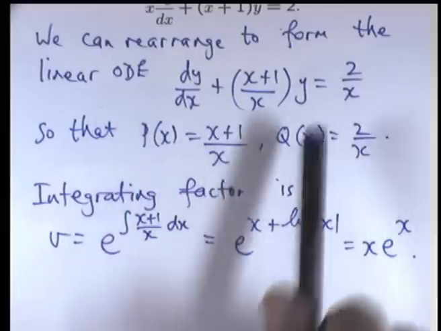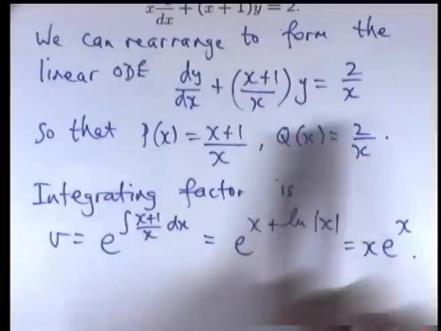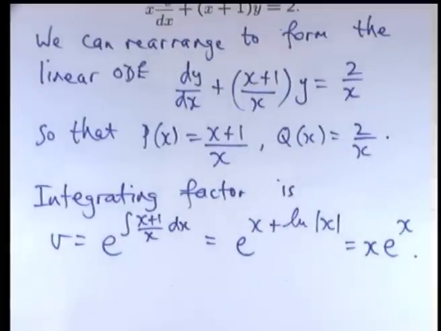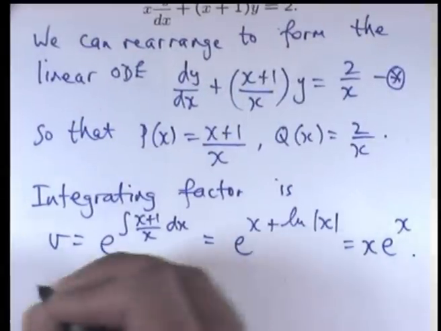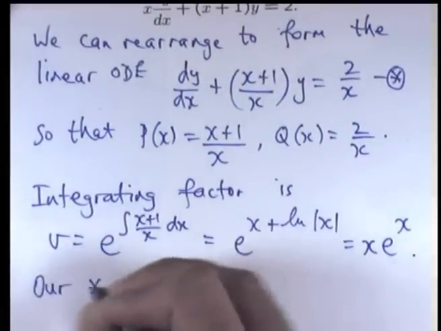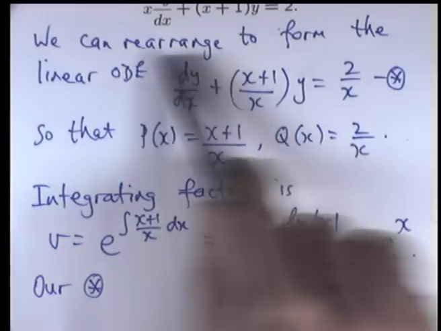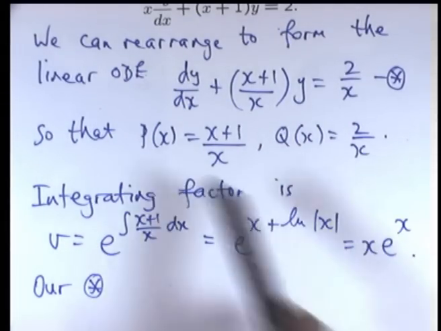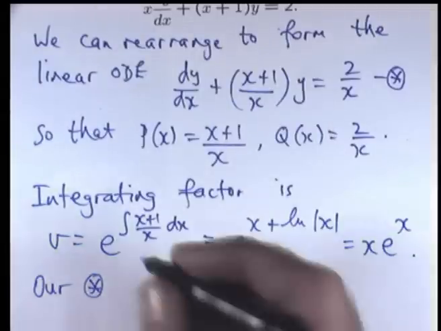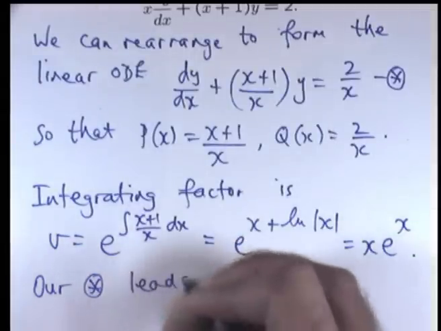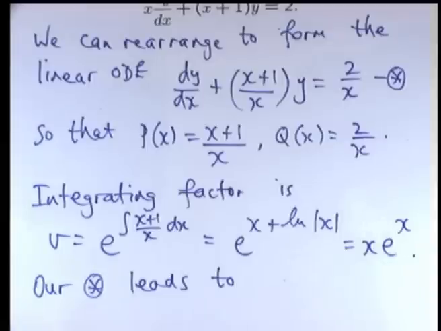Let's get down to multiplying everything here by our integrating factor and then collapsing to the derivative of a product on the left-hand side. So we multiply both sides by the integrating factor and then collapse the left-hand side to the derivative of a product.